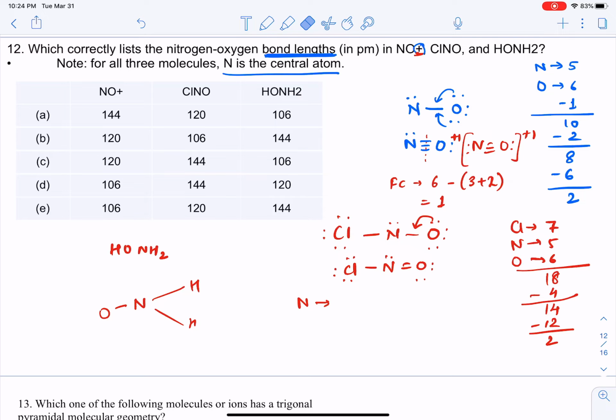So nitrogen has 5, oxygen 6, hydrogen 1 multiplied by 3 because we have 3 hydrogens, so it goes to 14. Then we have made already 4 bonds, so that gives you 10.